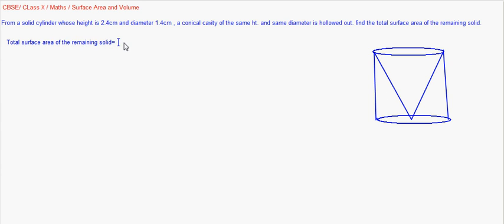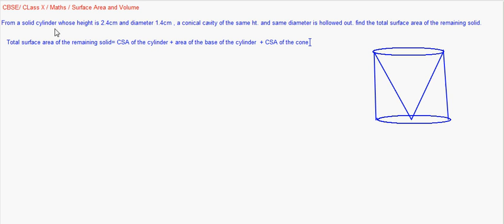So I write the curved surface area of the cylinder, plus area of the base of the cylinder, plus this curved surface area of the cone. We just have to replace with the information given.